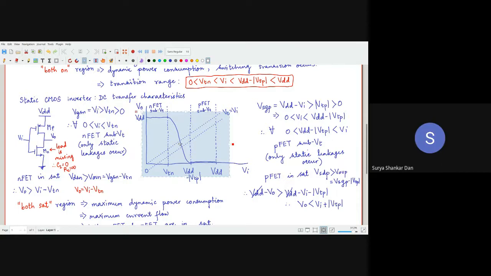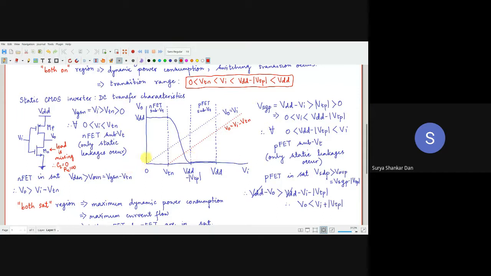Vtn. So that means I'll simply shift this to here. I'll put some other color here. So what is this line? This is the Vo equal to Vi minus Vtn line. Makes sense?